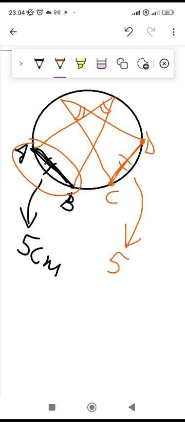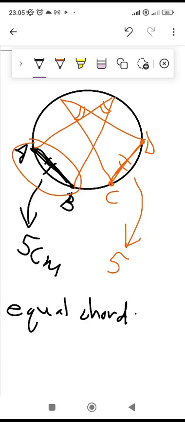That is still theorem 4. Last time we said it was angles in the same segment, but we could also say equal chords, equal angles. You don't have to always write the words out. That's still the same theorem. That was something that I wanted to mention.